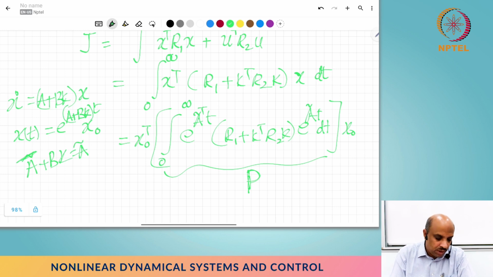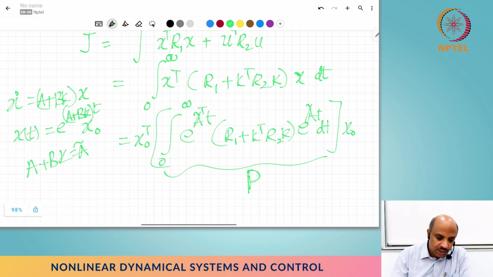Since A plus BK is Hurwitz, this goes to 0 as t tends to infinity, so this particular integral is well defined. We have seen this before.